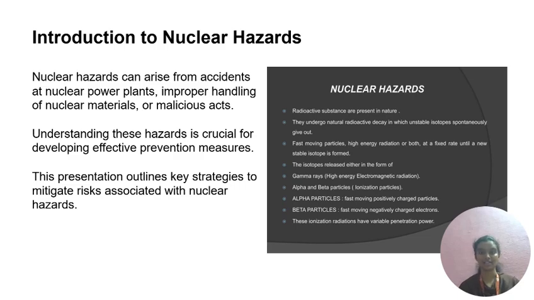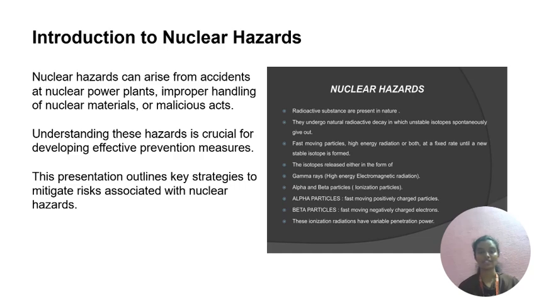The nuclear hazards. Radioactive substances are present in nature or they undergo natural radioactive decay, in which an unstable isotope spontaneously gives out fast moving particles, high energy radiation, or both at a fixed rate until a new stable isotope is formed.